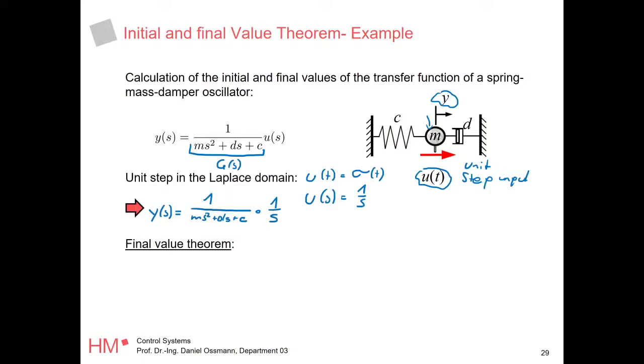Okay, now we want to know where is our system heading to when we just wait long enough. So final value theorem means what happens for t going to infinity, right?